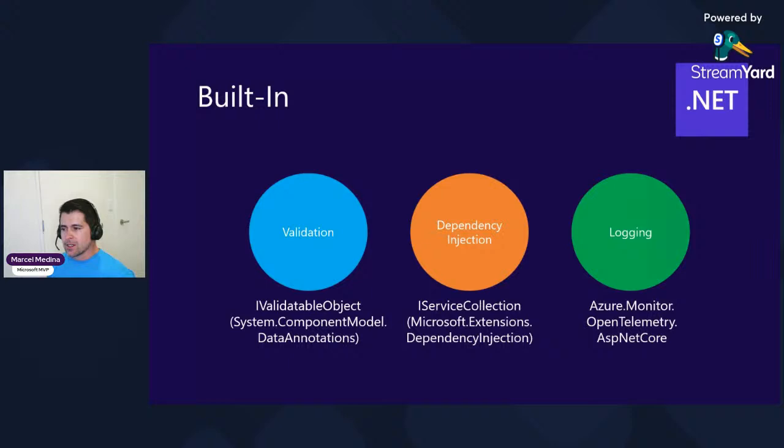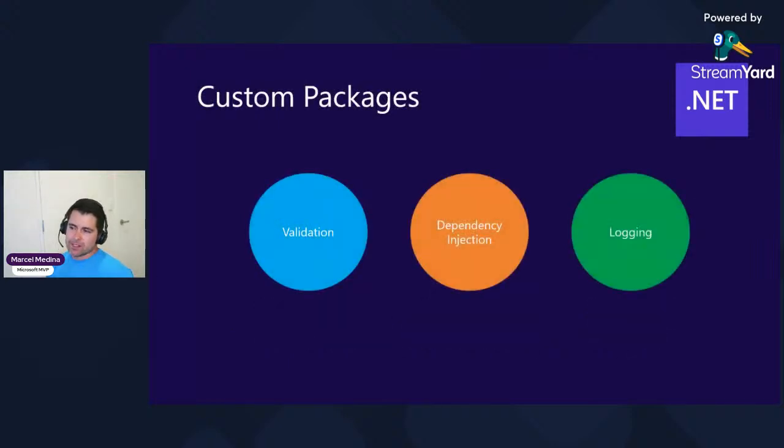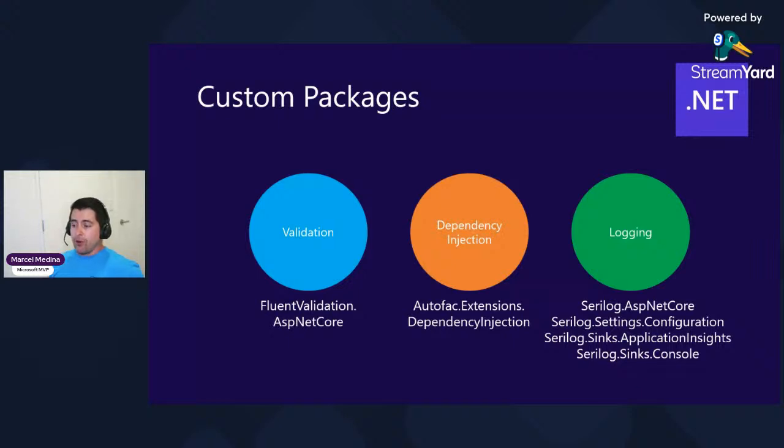And I had the custom packages: for validation, FluentValidation.AspNetCore; for dependency injection, Autofac.Extensions.DependencyInjection; and in logging, we leverage four of them: Serilog.AspNetCore, Serilog.Settings.Configuration, Serilog.Sinks.ApplicationInsights, and Serilog.Sinks.Console. Just to suit my needs, but I need to leverage more packages.